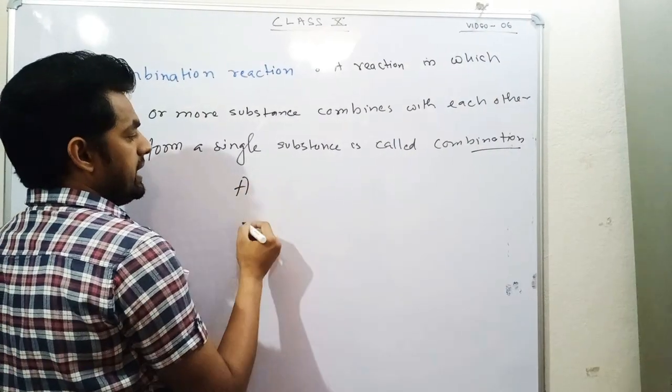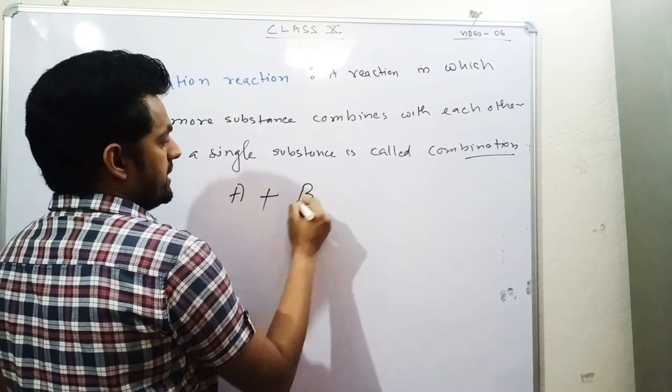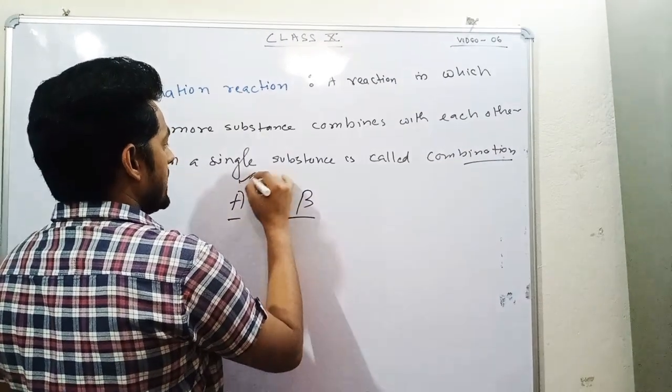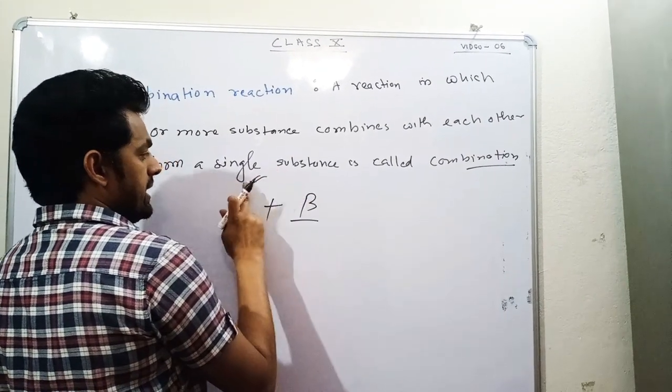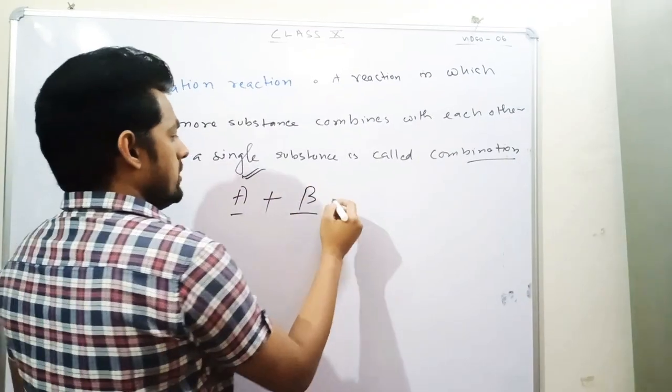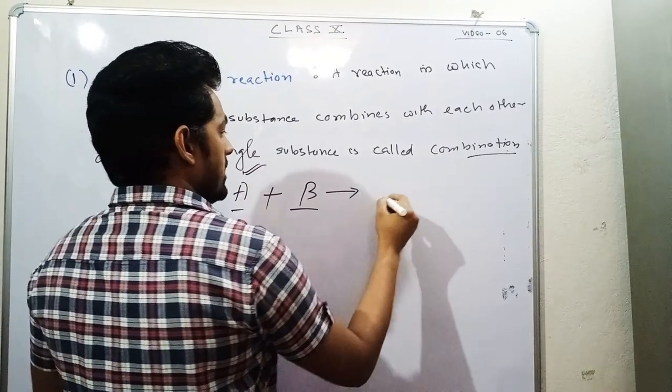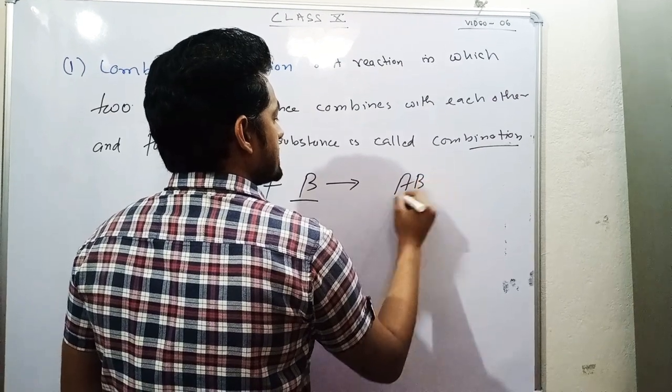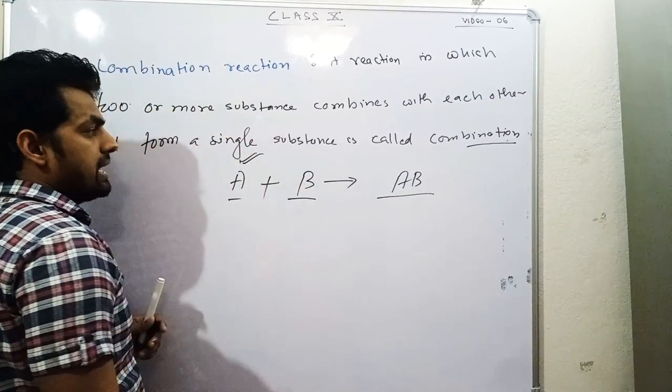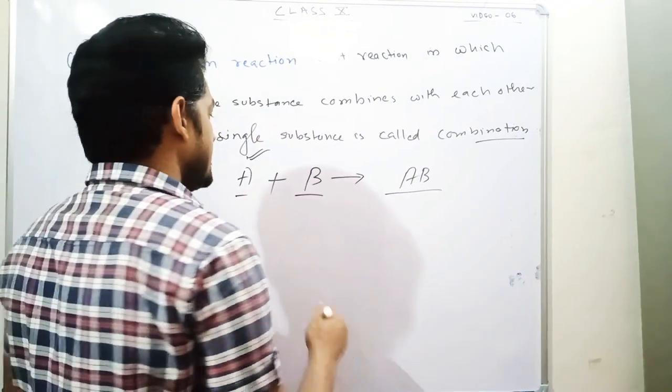सपोज A है और ये B है, ये दोनों कंबाइंड होंगे. दो अलग रिएक्टेंट हैं, एक ये और एक ये. Both will react with each other and form only a single substance, that is AB. That kind of reaction is a combination reaction.